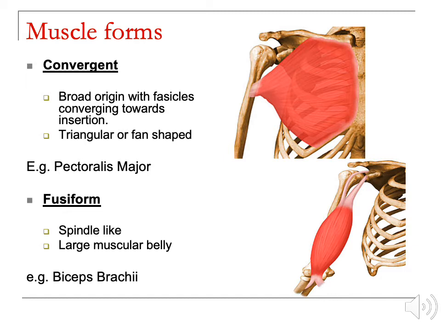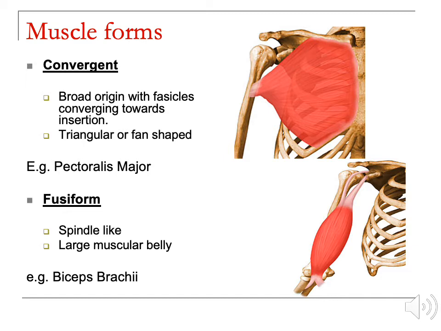So the first group we can have is a convergent muscle, or sometimes called a triangular muscle. Here, the origin of the muscle is very, very broad. The fascicles, all coming from those origins, then tend to converge together into a singular, much smaller insertion point. Okay, the example we have here is pectoralis major.